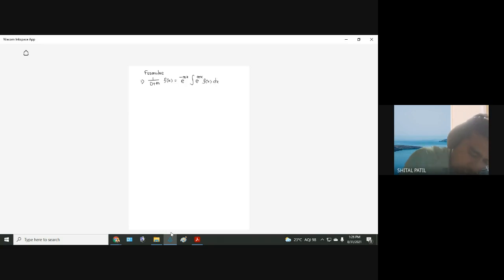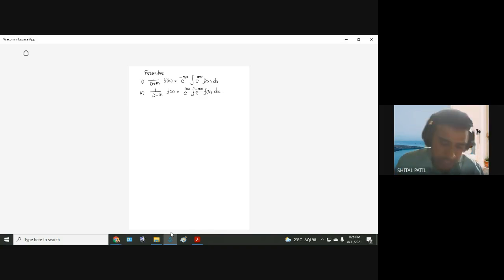Now say I want to use the formula for 1 upon d minus m. What will be the formula? e raised to plus mx, inside the integral e raised to minus mx, f of x dx. These are the two formulas.